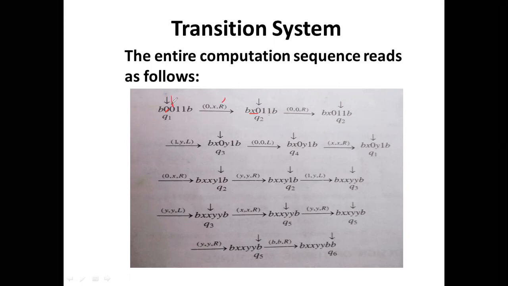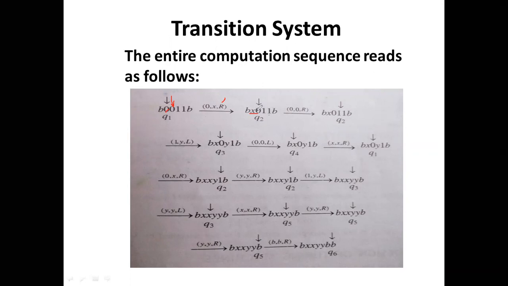Now 0 is the current position of the read write head. So the corresponding alpha is BX, and gamma is 011, and the 0 is the current symbol under the read write head, and Q2 is the current state.